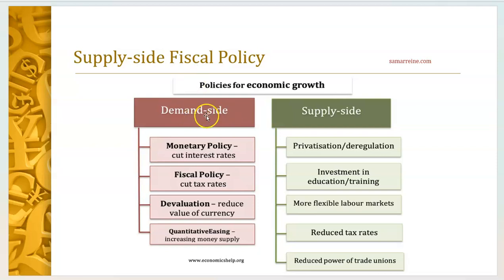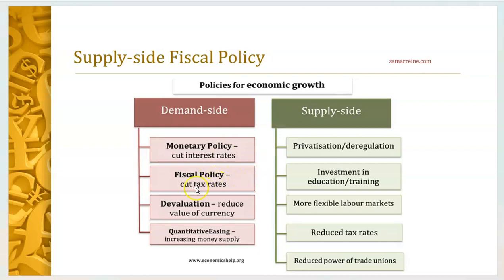So let's look at them a little bit here. The demand side, which is typical fiscal policy as Keynes wants it, can use monetary policy to cut interest rates, but not necessarily a favorite of Keynes, because Keynes doesn't think that we should really use monetary policy very much. But if the interest rates being cut are going to affect a person's mortgage, credit card payments, any interest that might be adjustable due to changes from the discount rate from the Federal Reserve, then this is going to help.